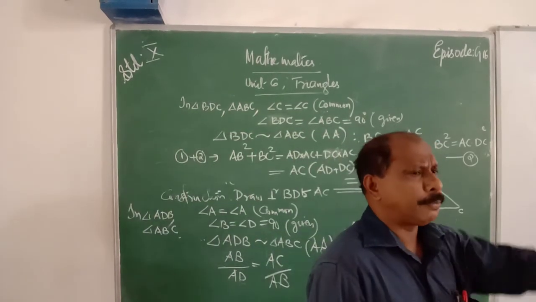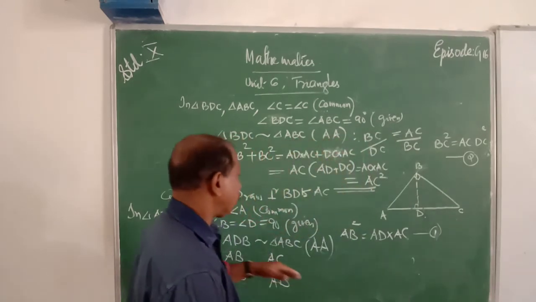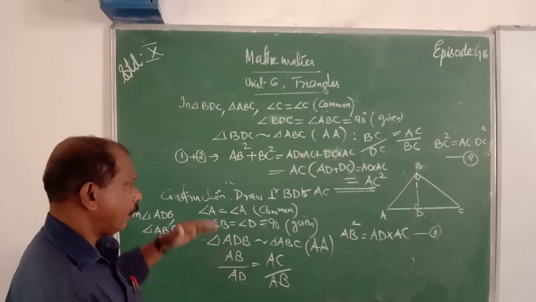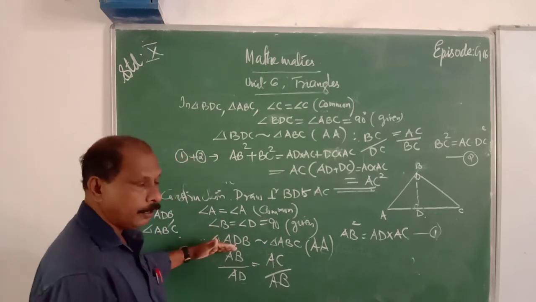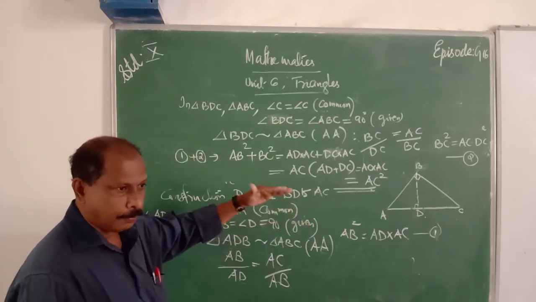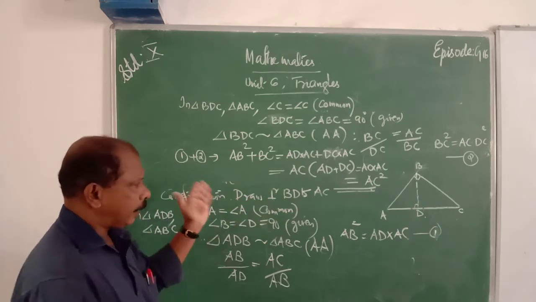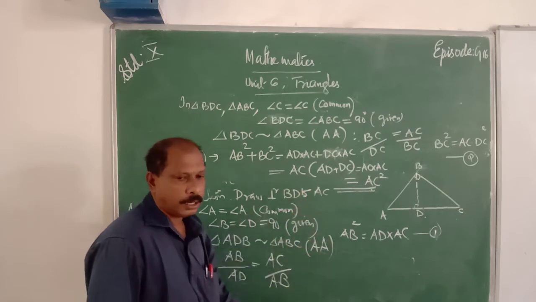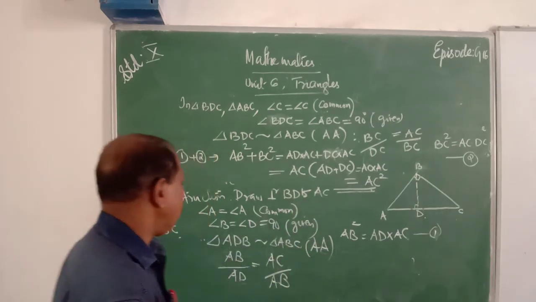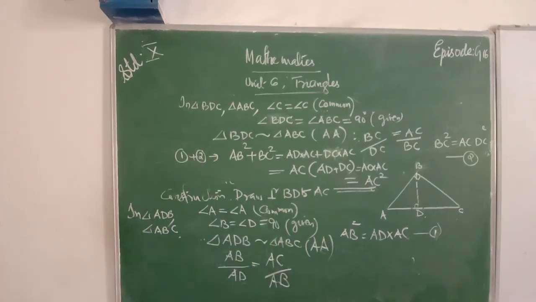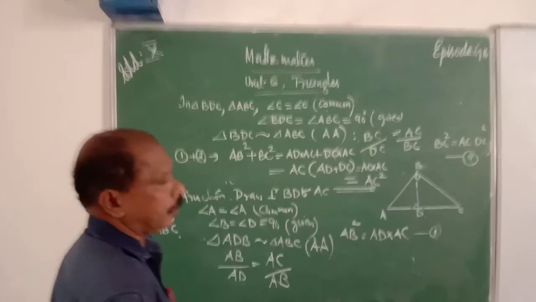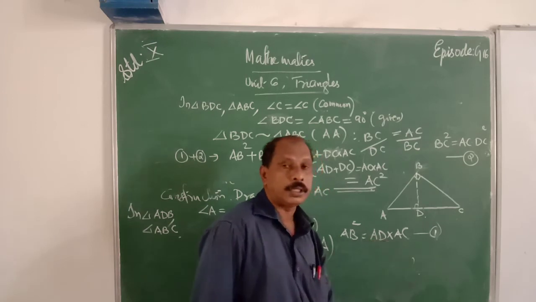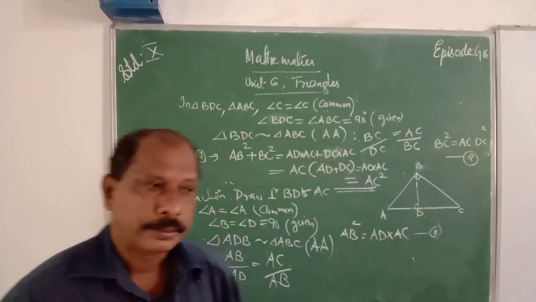Therefore, their sides are proportional. For the larger triangle the base is AB, for the smaller triangle the base is AD. For the larger triangle the hypotenuse is AC, and for the small triangle the hypotenuse is AB. Therefore, AB by AD is equal to AC by AB. Cross multiplication, we get AB square is equal to AD into AC. That is equation number 1.